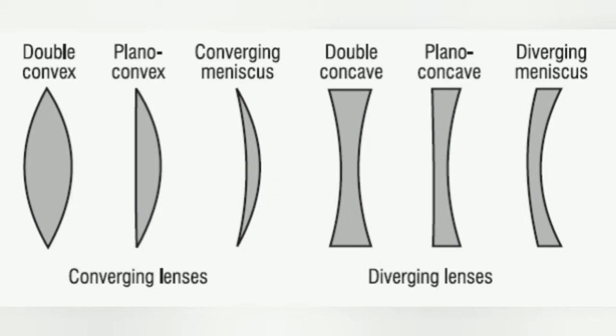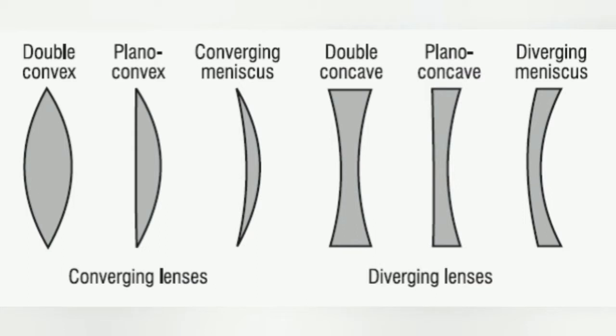The next lens is a double concave lens. The identification of a double concave lens is that it is thin at the center and thick at the edges. The next one is a plano-concave lens. One side is plane, the other is concave. That's why it is known as a plano-concave lens. Another one is the diverging meniscus, which is used for diverging purposes.